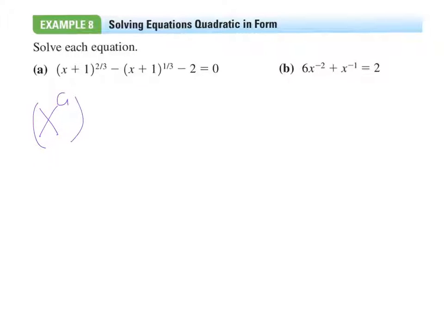Remember, if you have a power raised to another power, you can just multiply the exponents.